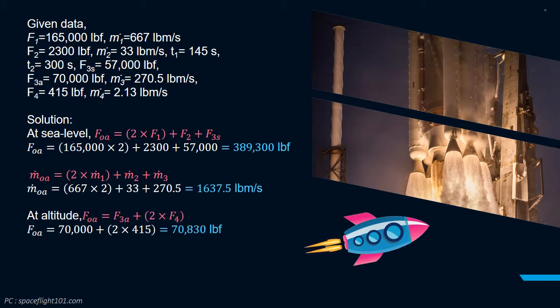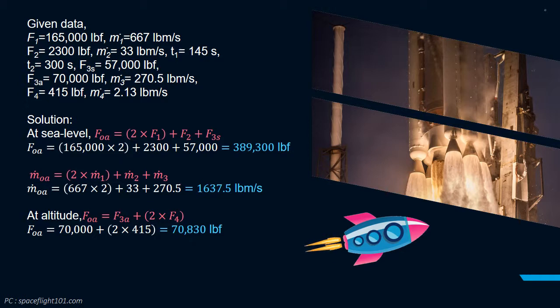Next, find out the overall thrust and mass flow rate at altitude. Now add the thrust that is produced at altitude. So at altitude, the altitude thrust of sustainer engine F suffix 3A and thrust of 2 small vernier engines F4 can be included.